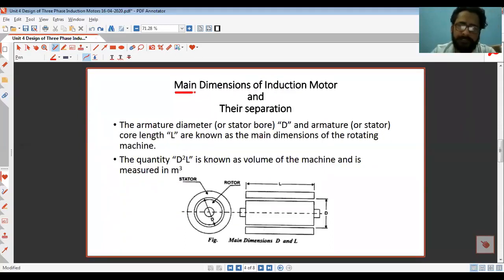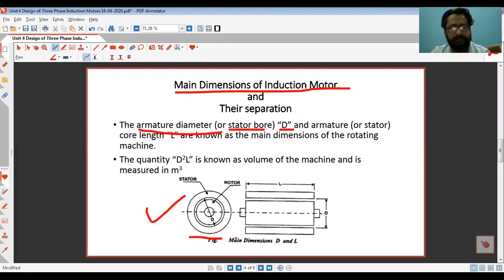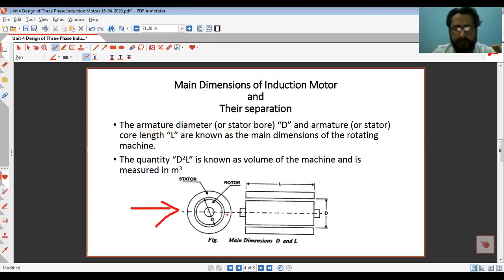D and L are the main dimensions of the motor, wherein D is the armature diameter or the stator bore. In this diagram, the internal periphery is the rotor and the external is the stator, right? Between the rotor and stator is the air gap.